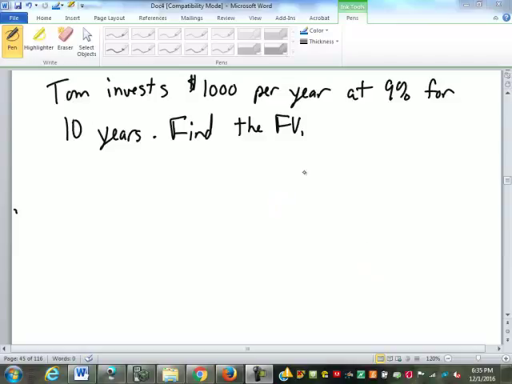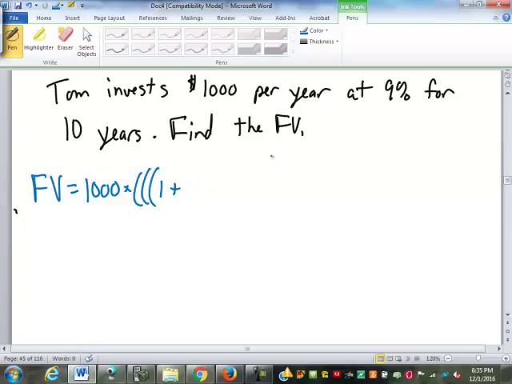Okay, so for this one, our future value is 1,000 times open parenthesis, 1 plus, what goes in there? 0.09 divided by 1. Yeah, once a year.